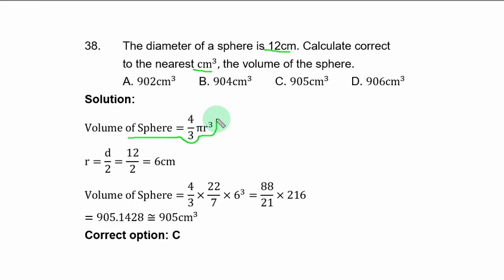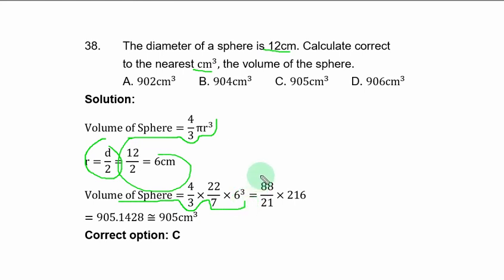We need r, the radius, but in the question you have diameter. Radius is equal to diameter divided by 2. Divide 12 by 2, you have 6. Therefore, the volume is simply equal to 4/3 times the value of pi times radius cubed, that is 6 cubed.